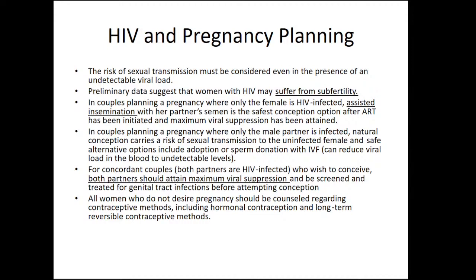It is also a discordant couple. So in discordant couples where only the female is infected by HIV, assisted insemination with the partner's semen is the safest conception method for pregnancy.